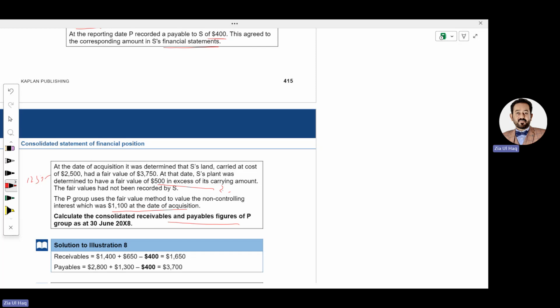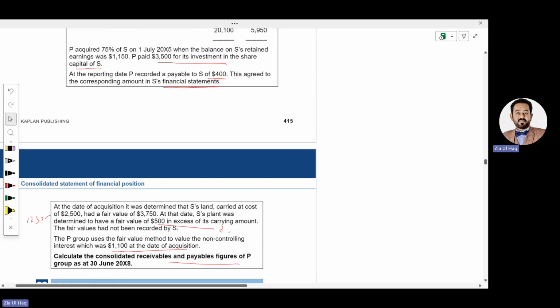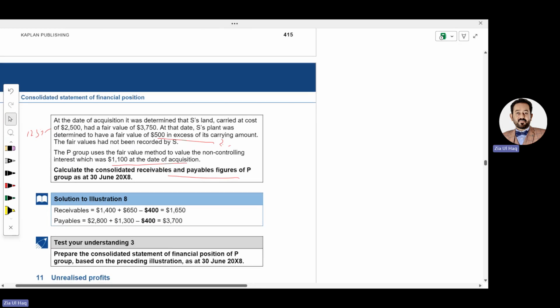Consolidated receivables and payables: this 400 has been recorded as a payable in the parent and as a receivable in the subsidiary. We need to eliminate this from the consolidation. This is the holding company's receivable, this is the subsidiary's receivable, so we need to eliminate this 400. These are the payables of the holding company, these are the payables of the subsidiary, and we need to eliminate it; these are the consolidated receivables and payables figures.